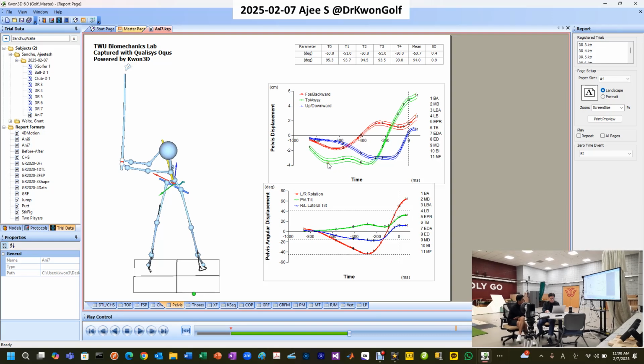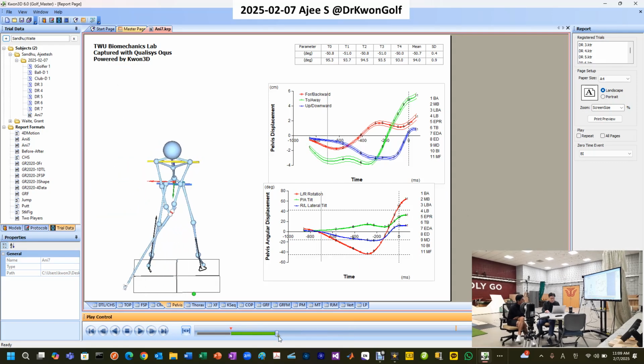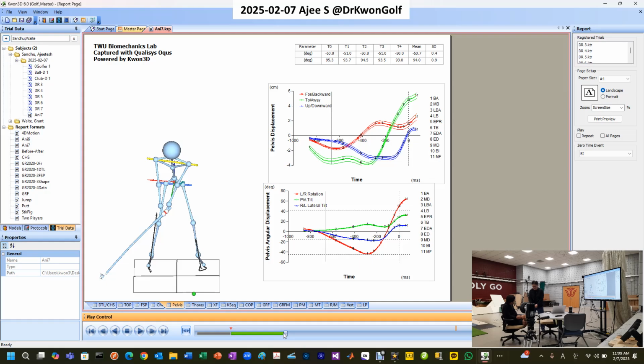And then the green line is away-toward motion. So from here to here, you have a main away motion. Initially, the pelvis center of mass is moving away, but then it goes toward and away again. It's because your body is showing a sort of spinning motion here.